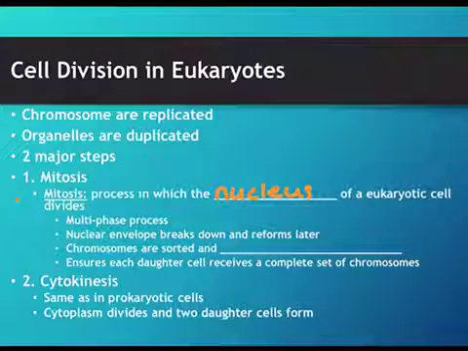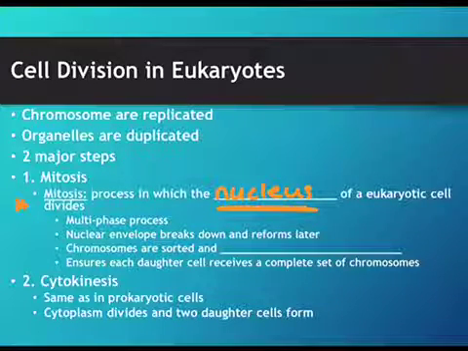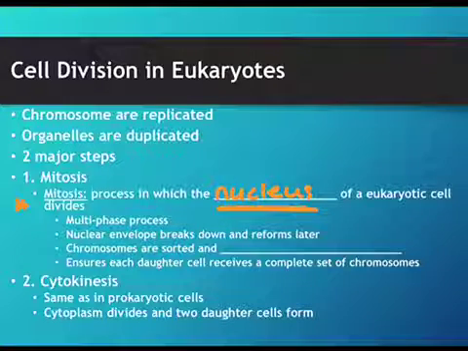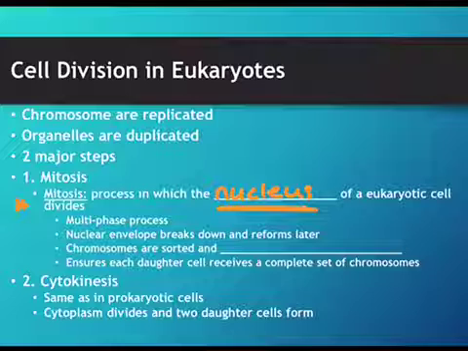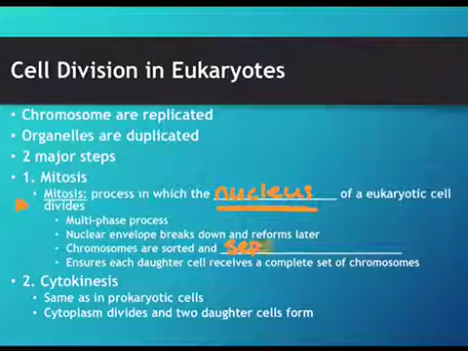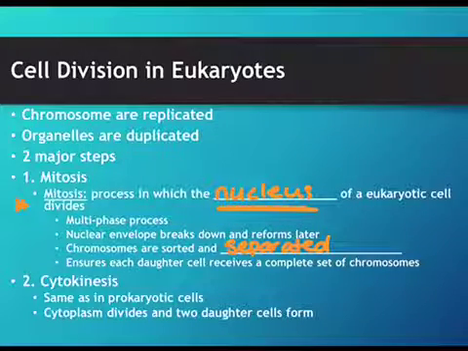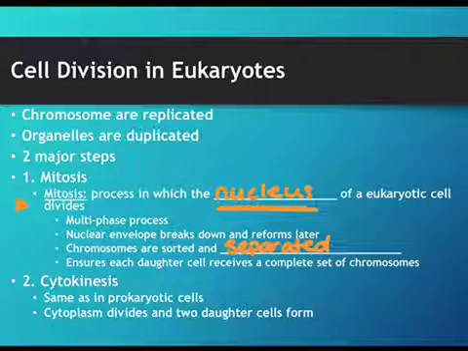So it's really important for you to know that mitosis is when the nucleus divides. Key points here that happen during mitosis is that the nuclear envelope breaks down and it will reform. The chromosomes are sorted and then they get separated. And this process ensures that each daughter cell receives a complete set of chromosomes, so that each daughter cell has the same number of chromosomes.